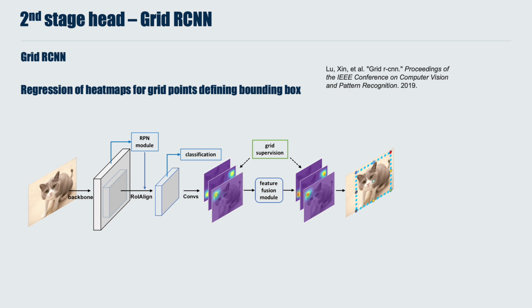Everything up to the RPN module selection of boxes is the same, but afterwards things are slightly different, because instead of regressing the box components such as the width or the height, here we are regressing a heat map of the grid around which the borders of the box are. So that's why it's called Grid RCNN.